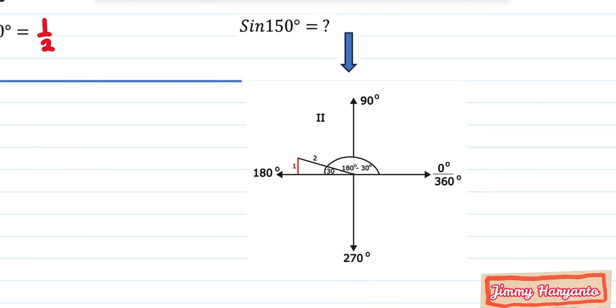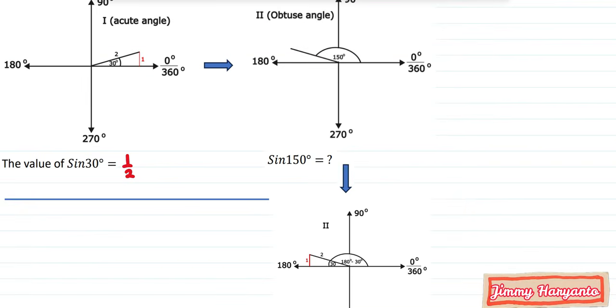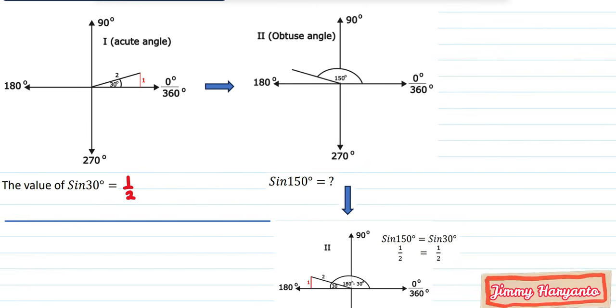Because we are using 30 degree, we can see that this triangle and this triangle are the same. So the value of sine 150 degree will be opposite over hypotenuse, right?